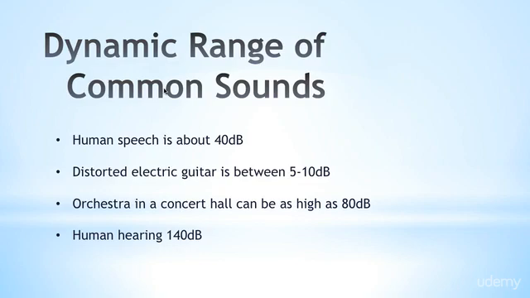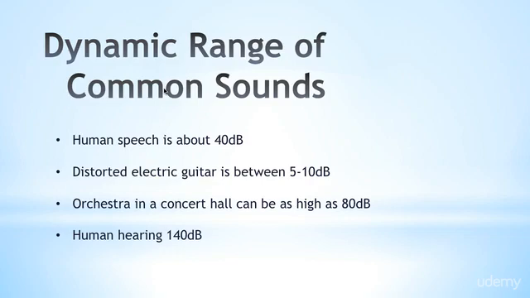It's not going to be too much difference between the loud parts and the quiet parts. An orchestra in a concert hall can be as high as 80 decibels from the quietest point to the loudest point. Usually 60 to 80 dB for a concert like that.